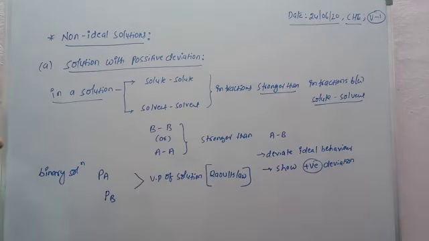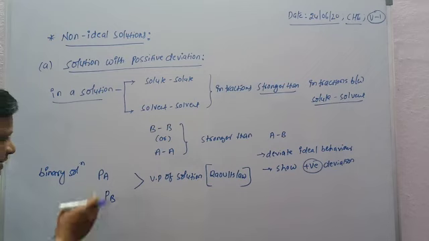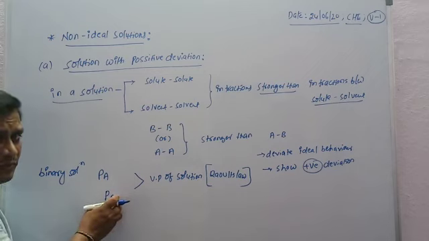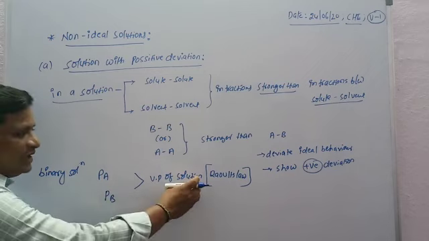So according to Raoult's law, these two are the individual partial pressures, but it is a total pressure.